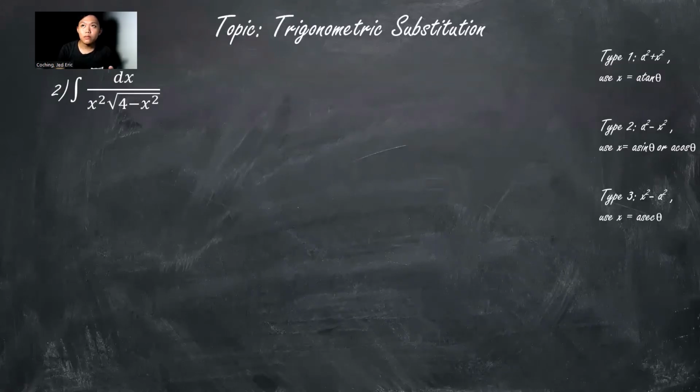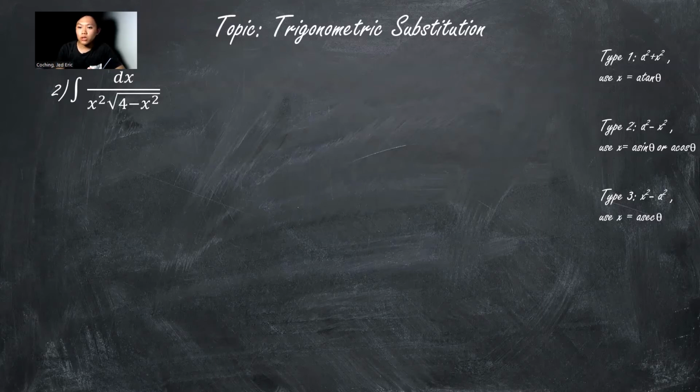Here we have another problem, and as you can see, it's 4 minus x squared. So what you're going to use is type 2.